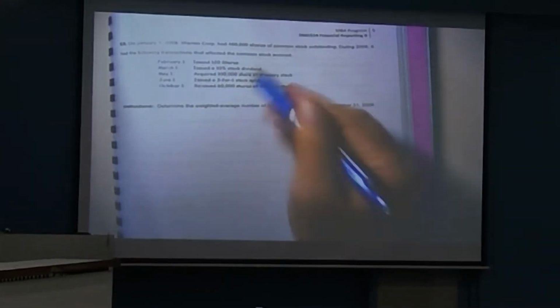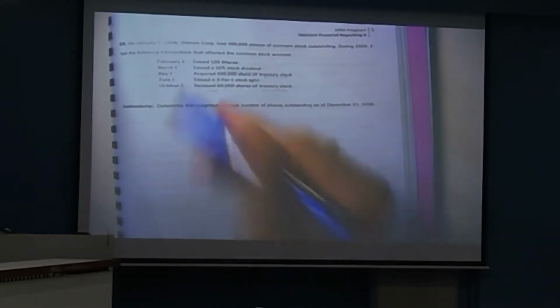In this case, you're going to have original shares and then issue new shares. Also there is a 10% stock dividend, buy back the share and reissue. This means what? You resell them again. And also you have a 3/1 share split. What is that supposed to mean? If you have one share, your share splits into 3 shares.